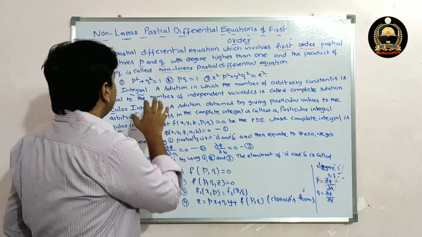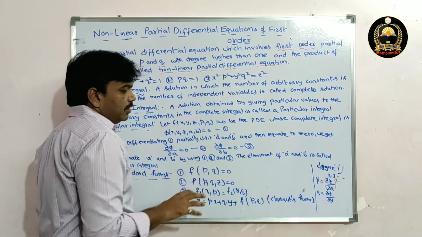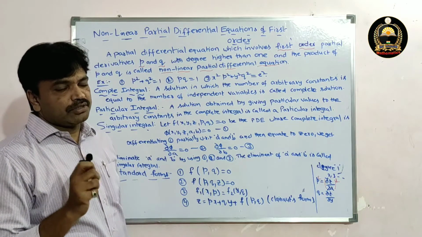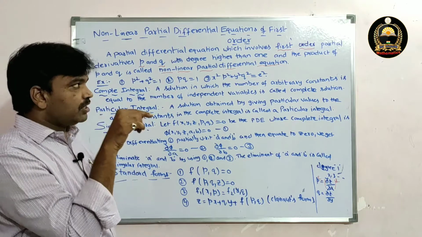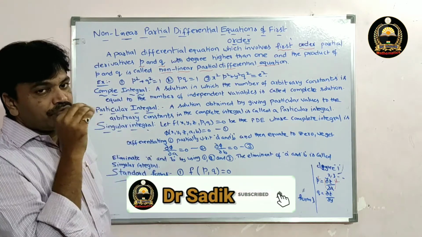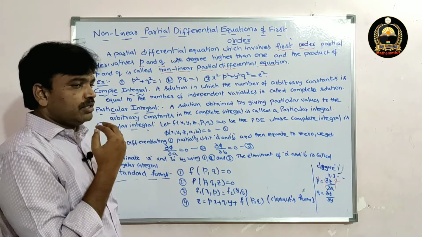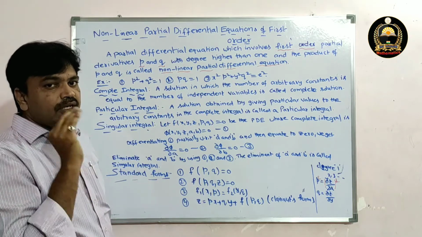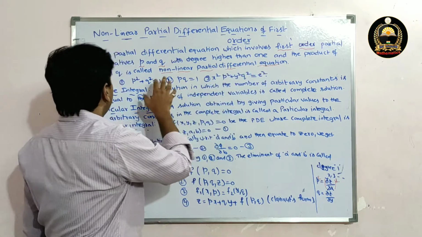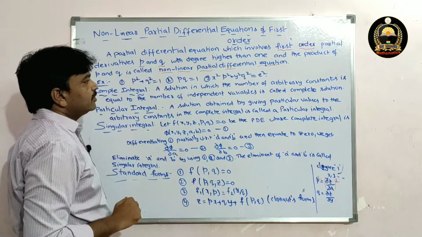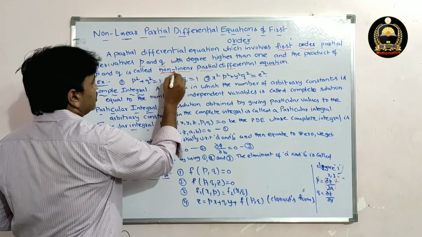Once again, students, a partial differential equation which involves first order partial derivatives p and q with degree higher than 1, but order is 1, and the product of p and q is called nonlinear partial differential equation.